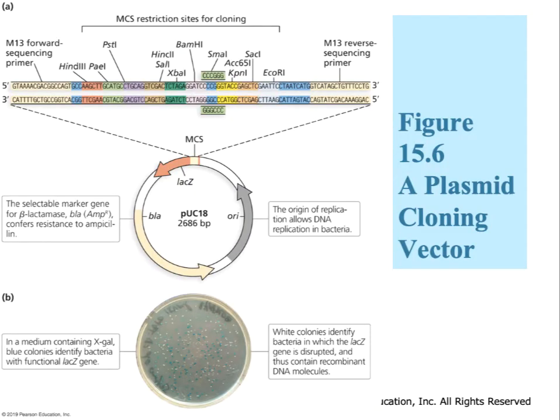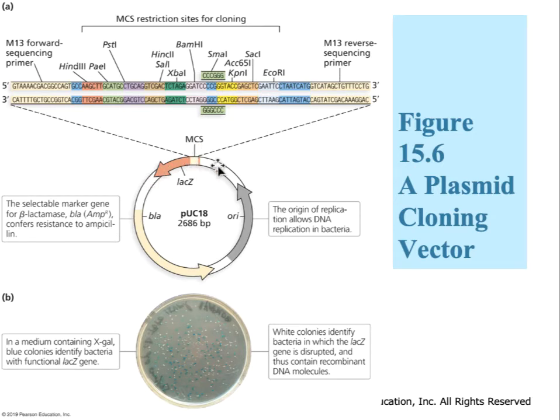Figure 15.6 does a great job of relaying this relationship. The general architecture of the pUC18 plasmid is indicated in the center. The location of the lacZ gene is also shown in orange. And within that, in yellow, we can see the multiple cloning site.